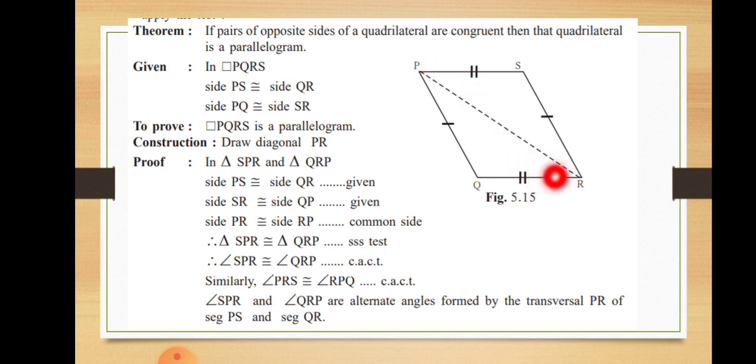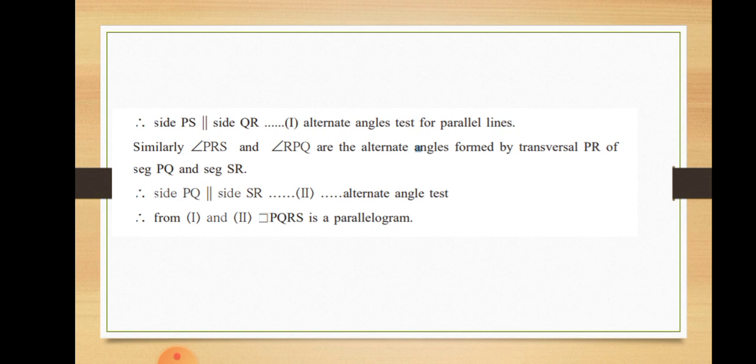So both these two angles are what? They are the alternate angles, because here we can draw this one is the alternate angle and this one is the alternate angle. And hence these alternate angles are formed by the transversal PR of segments PS and QR, right? It means what? As the alternate angles are congruent, means what?